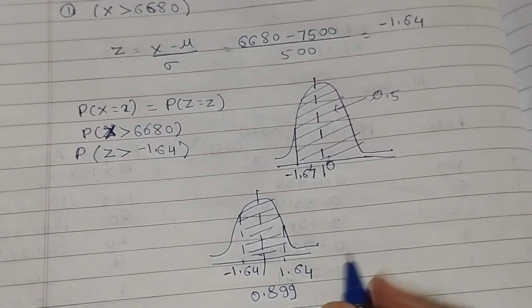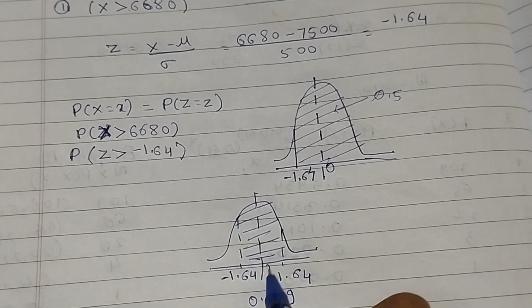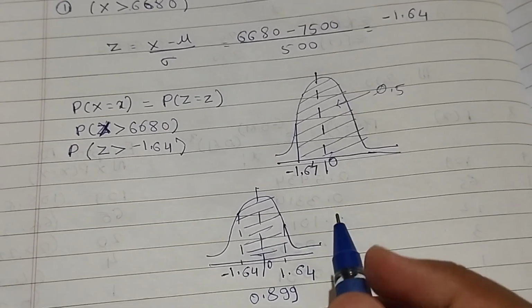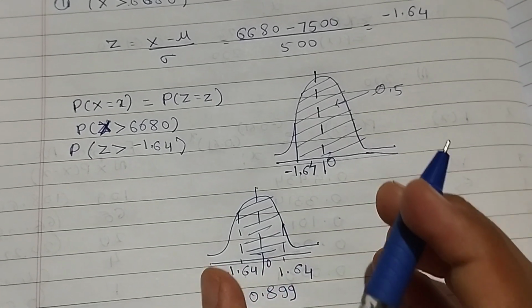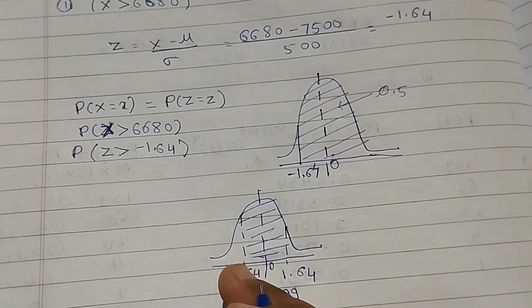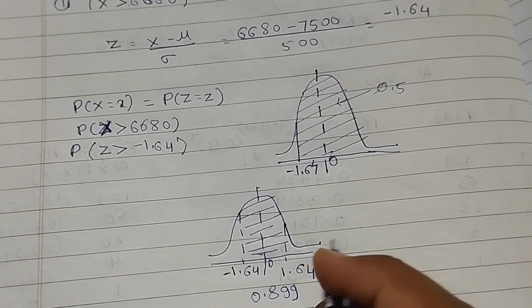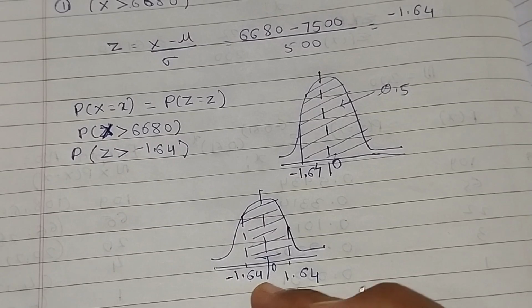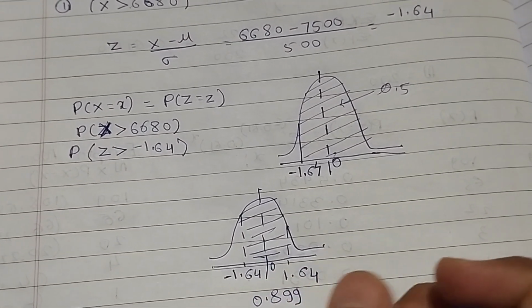0.899, but we don't want this whole portion, we want only 0 to minus 1.64, and as I said, the midpoint divides the curve equally, the left side 0.5, right side 0.5. So similarly here 0 to minus 1.64 is equal to 0 to 1.64.